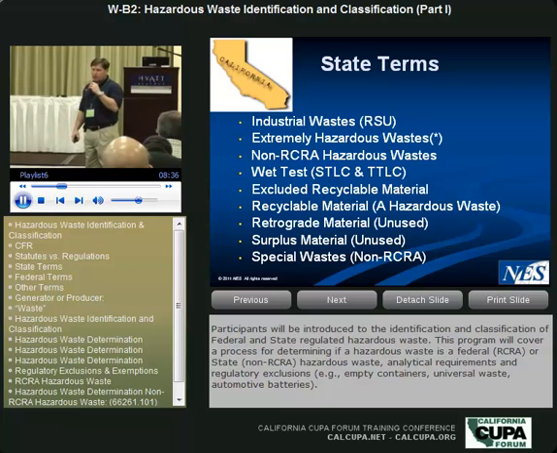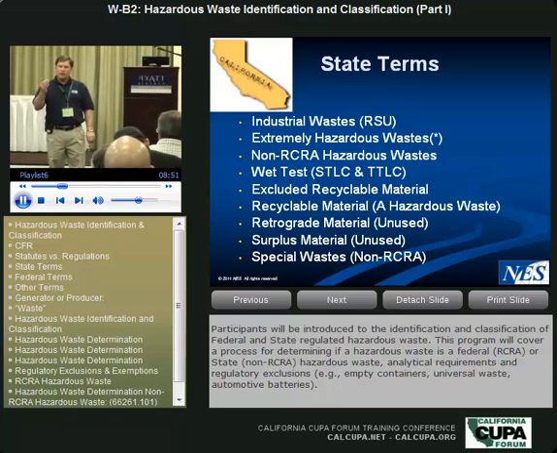Now, there's been some recent federal legislation for excluded recyclable materials federally. It was promulgated about 1.5 years ago, and it's currently going through litigation, and it has not been adjudicated. But a lot of what we do in the state of California in the Health and Safety Code for this exclusion was actually adopted federally by US EPA.